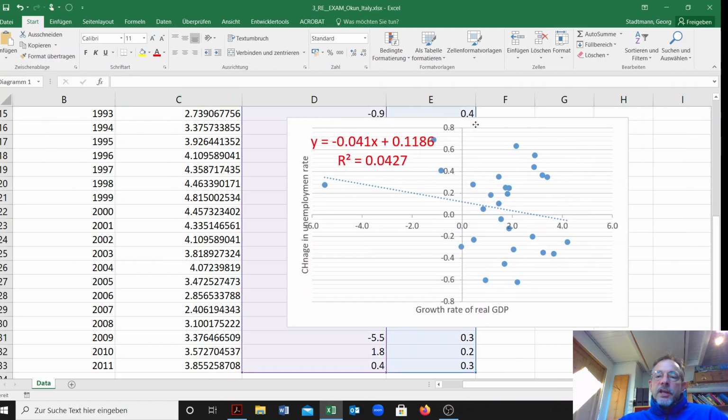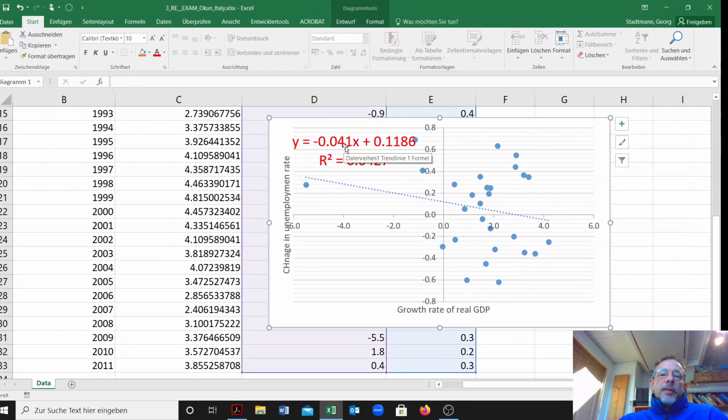Always make a cross check here. The slope is a negative 0.04, so the regression line has a negative slope, and the intersection of this regression line with the vertical axis is in the positive range, here at the level of 0.1.